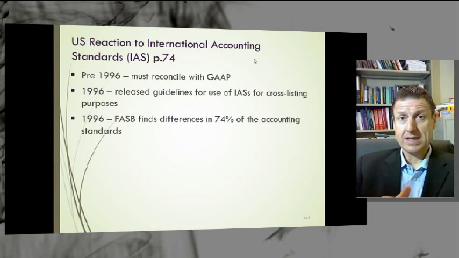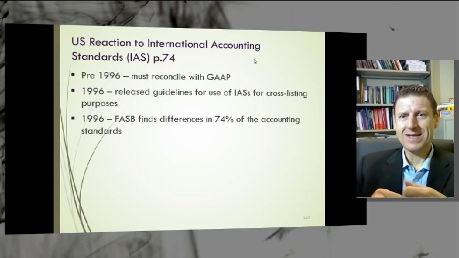In 1996, the US bodies released guidelines for the use of international accounting standards for cross-listing purposes. And in the same year, FASB, the Financial Accounting Standards Board, found differences in 74% of the accounting standards.